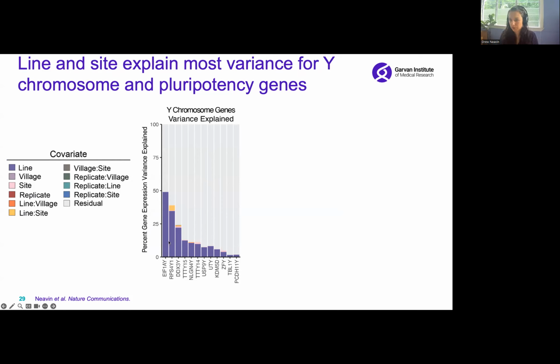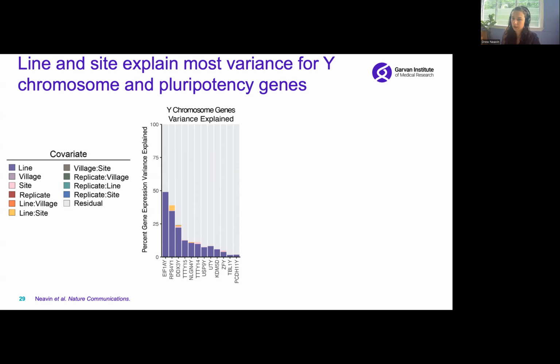So this purple color that you can see is the line effect, and we can see that it is explaining the larger proportion of variance that we can explain with the variables that we have in hand. And we see very little of either the lighter purple, which is the village color, or the orange color, which is the line by village effect, indicating that they have a very small impact on the Y chromosome genes. So this is, again, just a positive control for us.